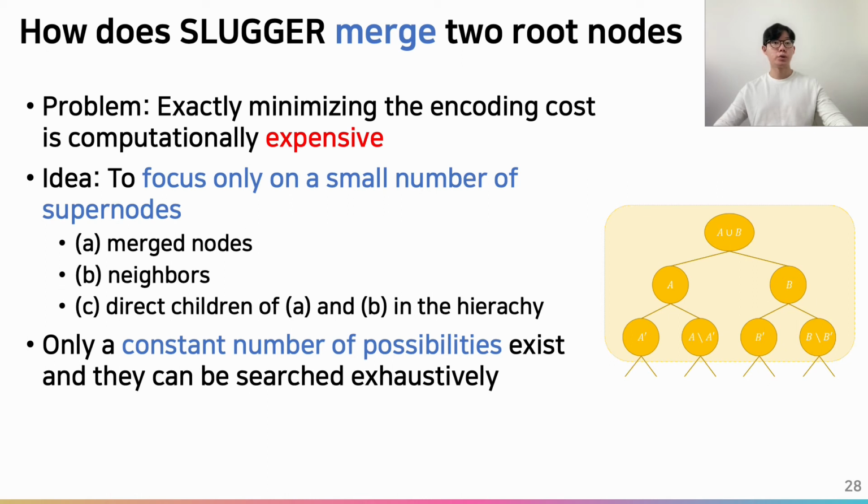Thus, when two root nodes are temporarily merged, SLUGGER relies on a suboptimal encoding obtained by focusing on a small number of supernodes, specifically the merged nodes, neighbors, and their direct children in the hierarchy. By doing so, there are a constant number of possibilities, and a valid one reducing the encoding cost most among them can be exhaustively searched.